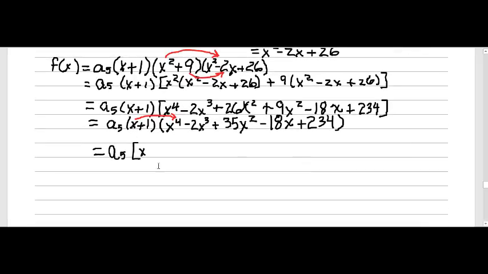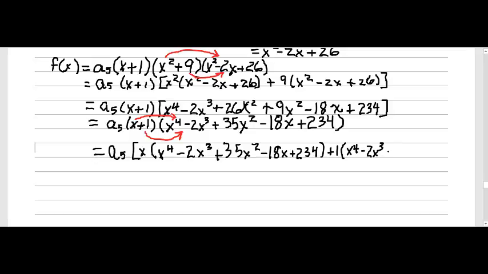The x gets multiplied by the x to the fourth minus 2x cubed plus 35x squared minus 18x plus 234, and so does the plus 1.